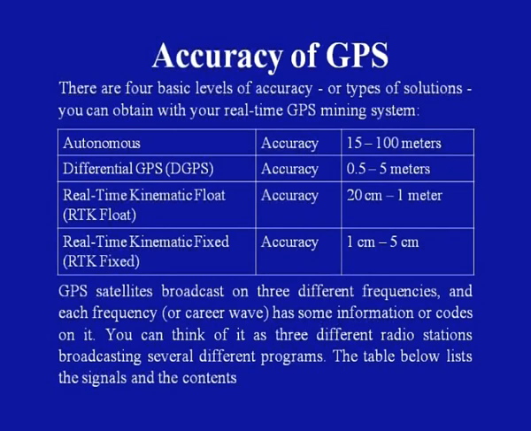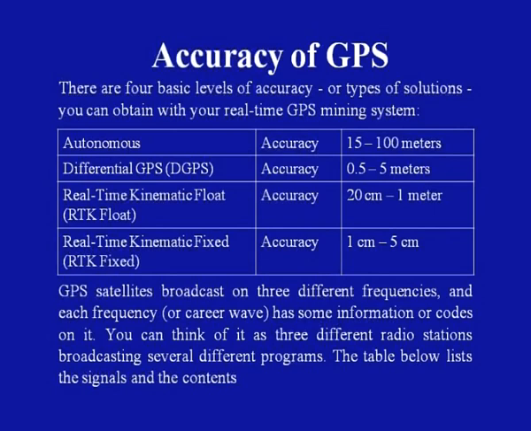Differential GPS is very accurate and can provide accuracy of the order of 0.5 to 5 meters. Real time kinematic float can provide 20 centimeter to 1 meter accuracy. Real time kinematic fix can provide 1 centimeter to 5 centimeter accuracy.